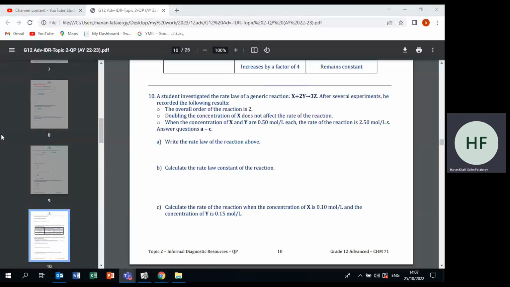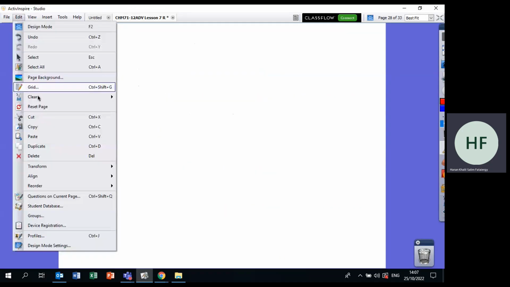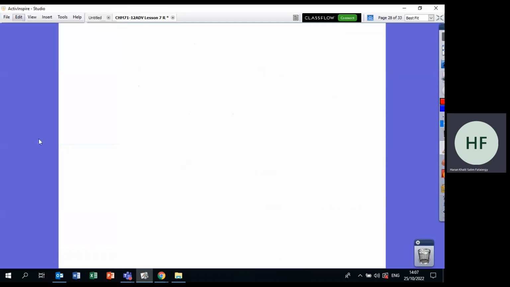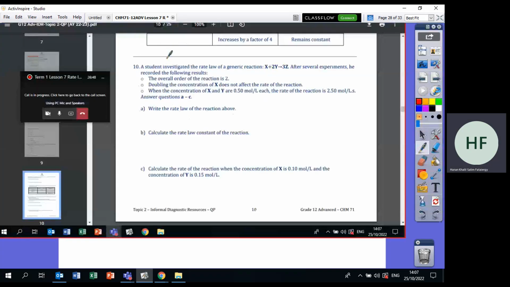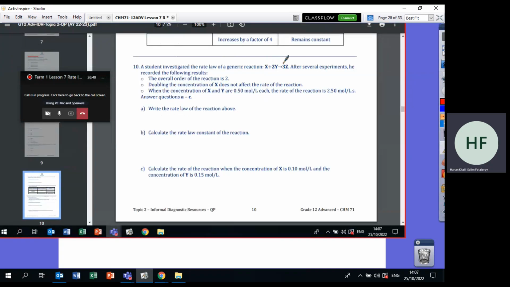Okay, now this is an important question. Let me just copy it and bring it to the presentation and we will solve it together. The question says a student investigated the rate law for the reaction x plus 2y gives 3z.